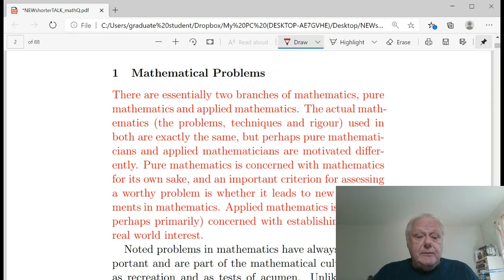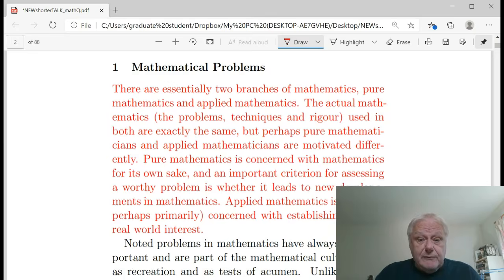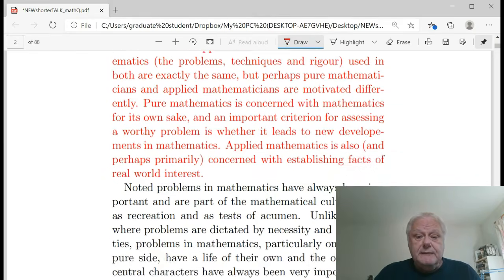You might say that pure mathematics is concerned with mathematics for its own sake, proving theorems, and a problem is assessed to be a good problem if it leads to new fields in mathematics. Applied mathematics is also concerned with establishing facts about the real world. So the problems themselves might be motivated from science, and in particular physics.